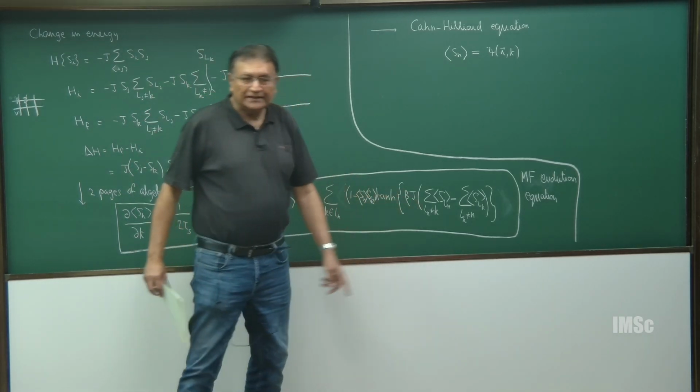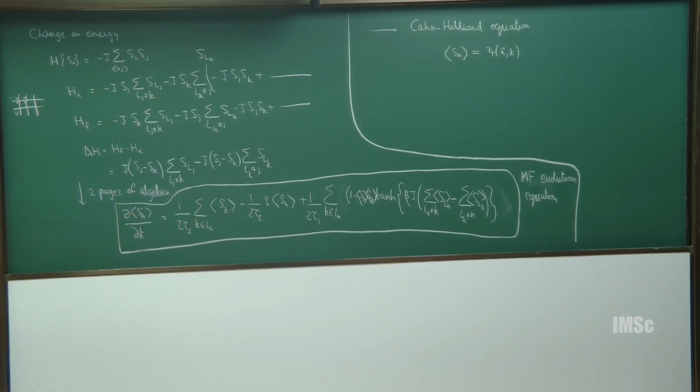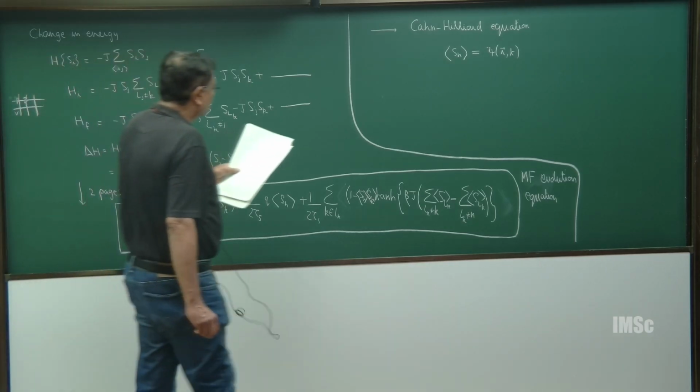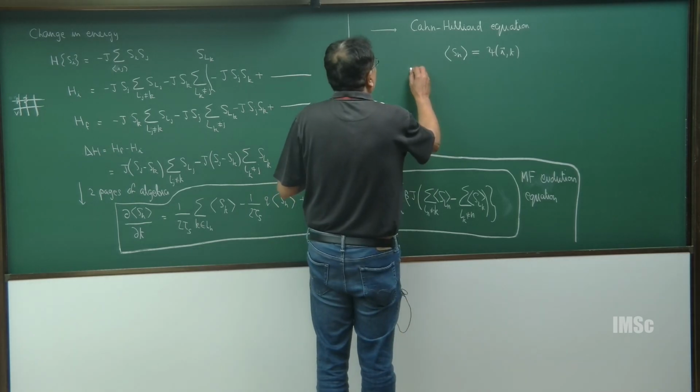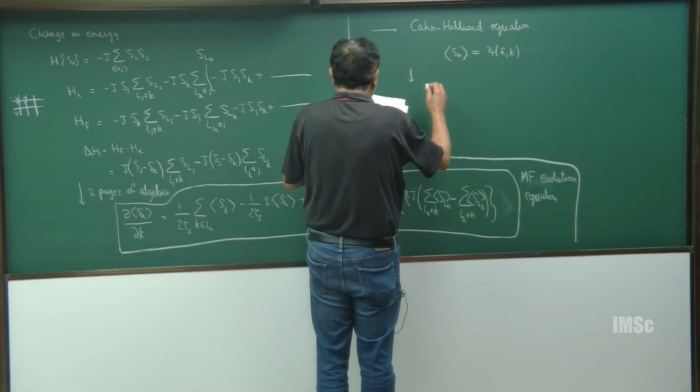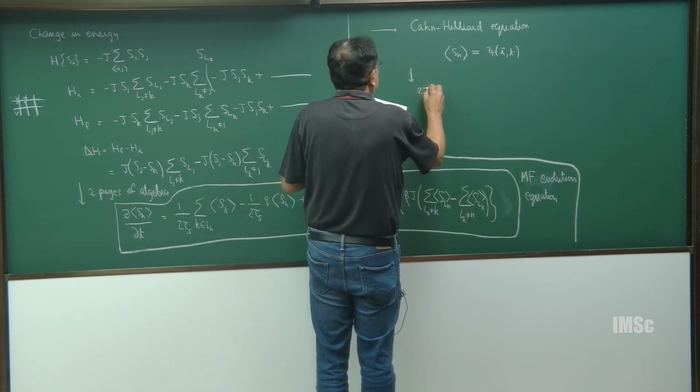You do your usual Taylor expansions, your expansion around a center point, etc. All that algebra is worked out in my article. I'm just going to give you the final answer, because I want to spend a little time discussing the Cahn Hilliard equation.